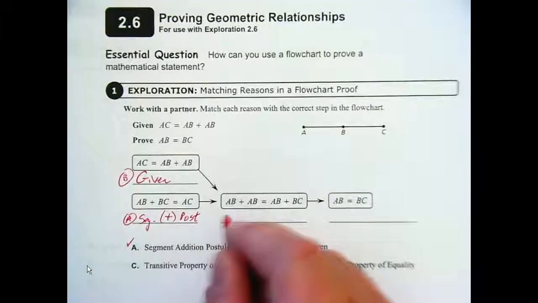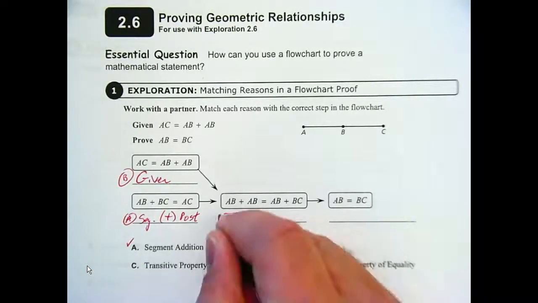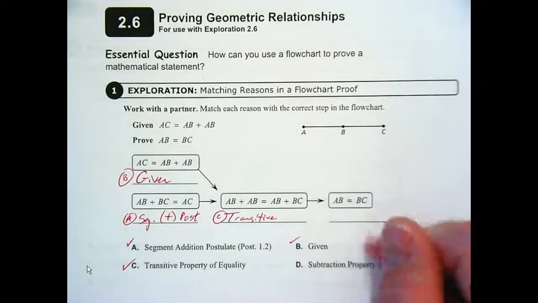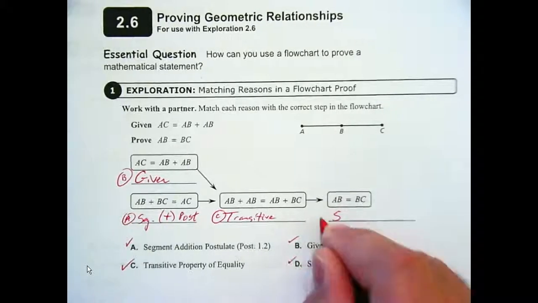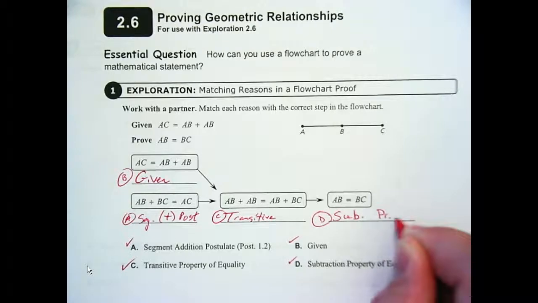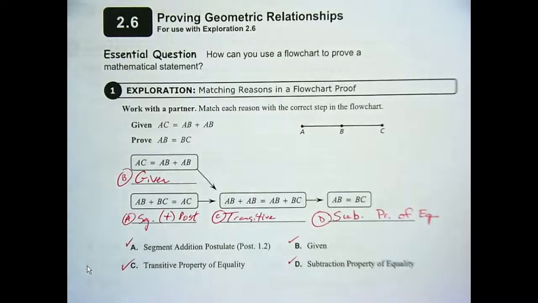Carlo. Transitive, that is letter C. And Shelby, letter D. The last one is subtraction property of equality. Good. Letter D there. Very good. That is a flow proof.